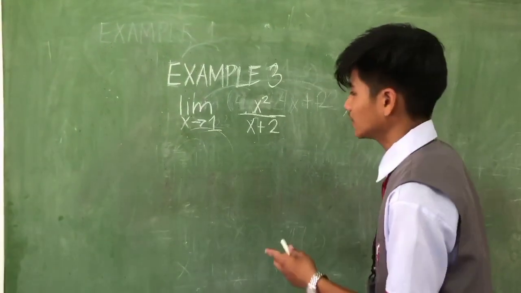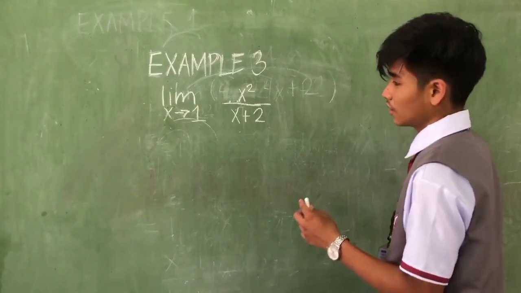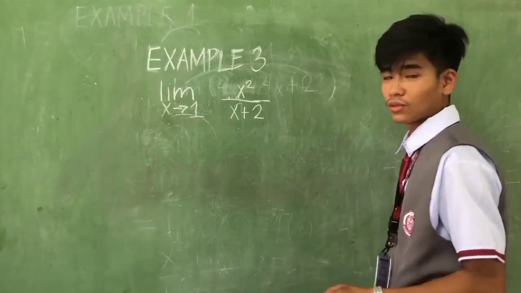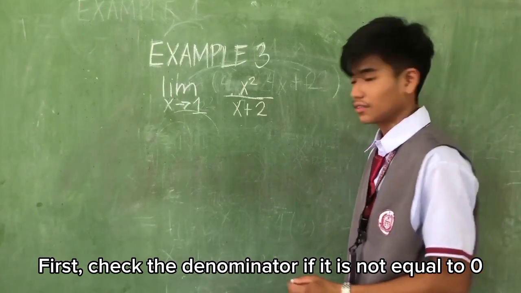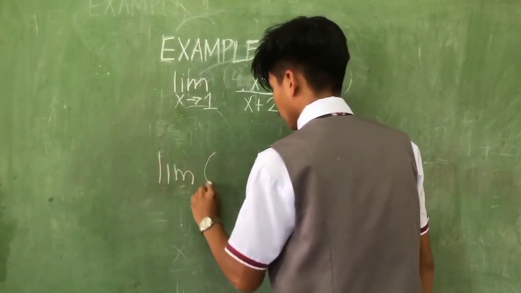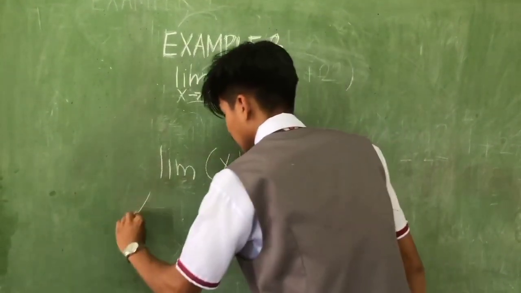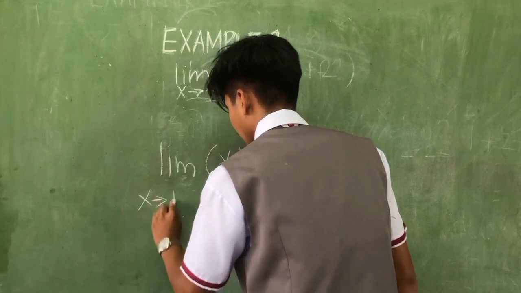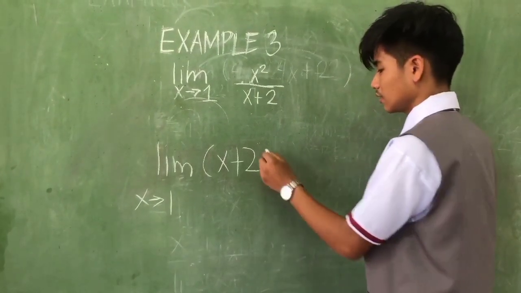Example number 3. Limit of x squared all over x plus 2 as x approaches 1. Una natin gagawin is i-check yung denominator. Limit of x plus 2 as x approaches 1. Tapos, yung limit i-distribute natin dito.